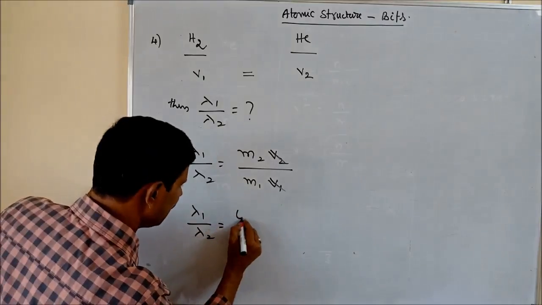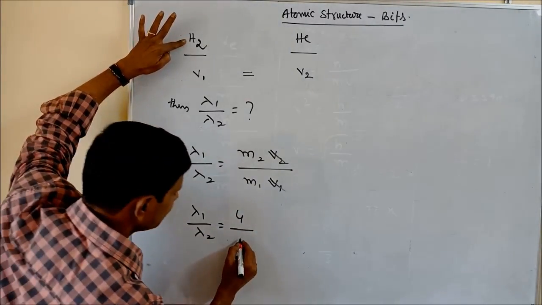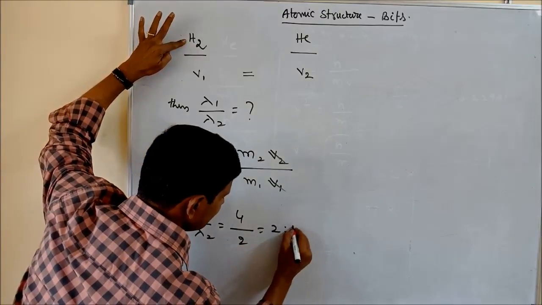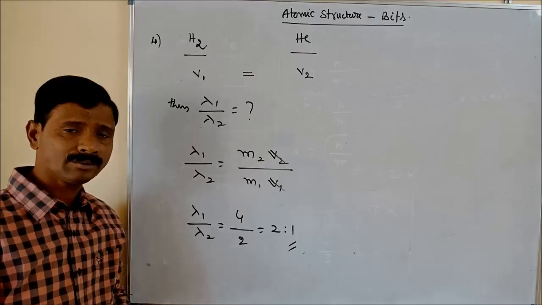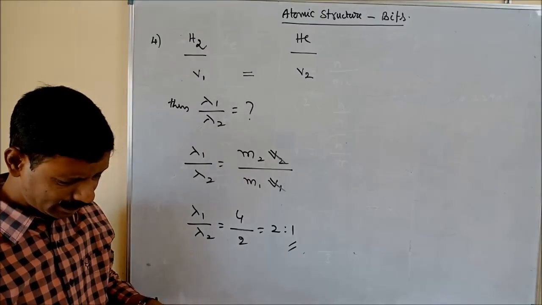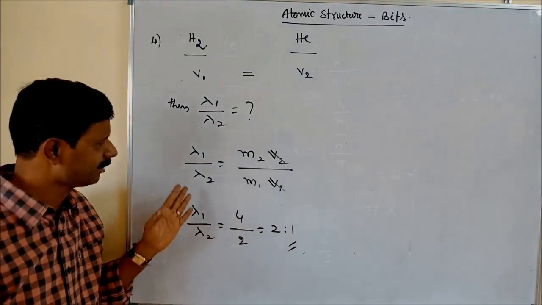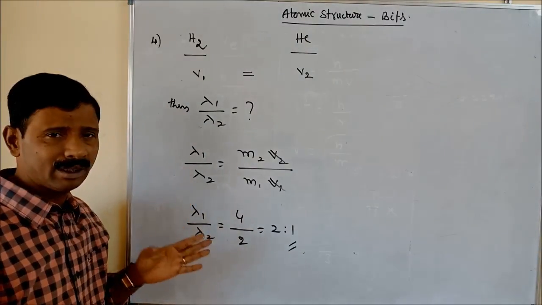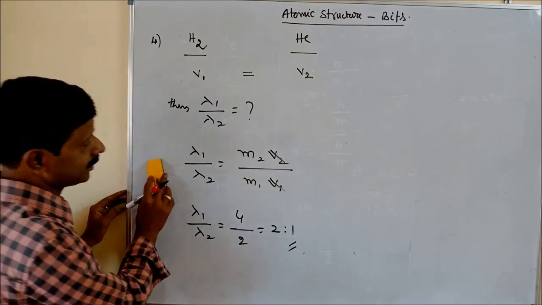So m2 is 4 units, and for H2, this is a molecule, so this is 2. So the ratio is 2:1. Like that we have to verify. Okay, and next, another one related to de Broglie. Here we just have to use the formula lambda equals h by mv.